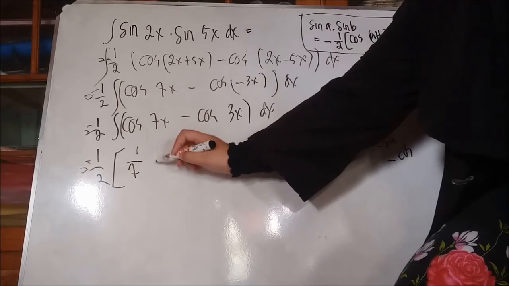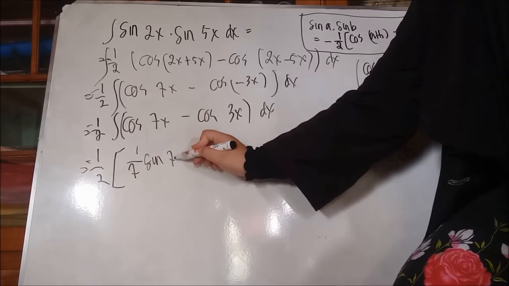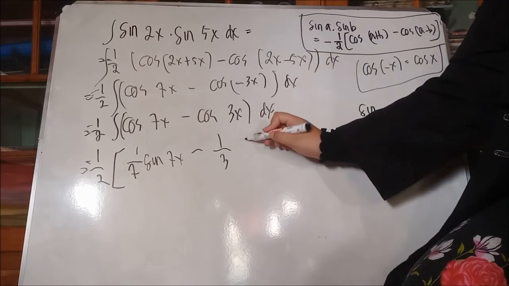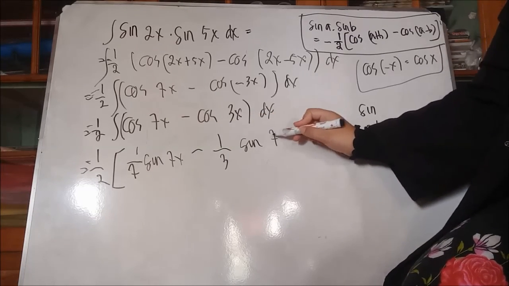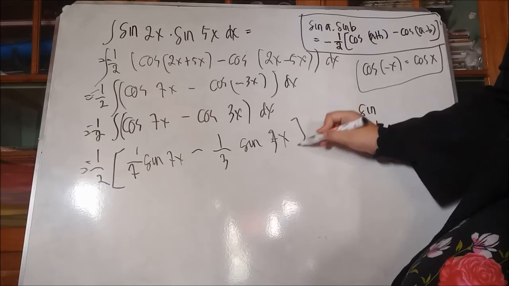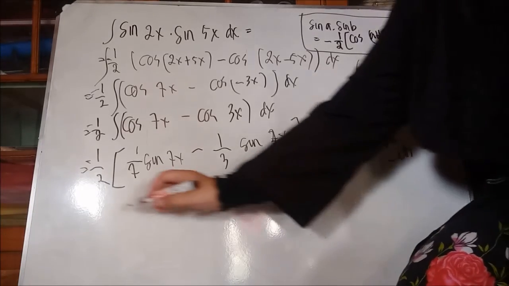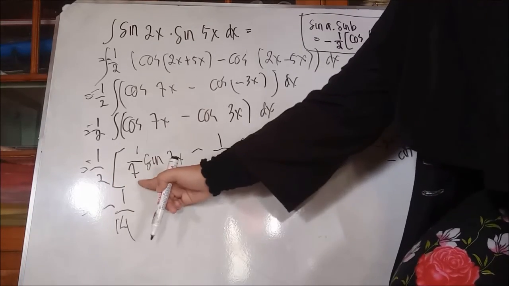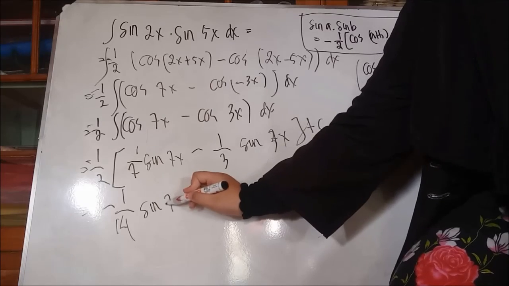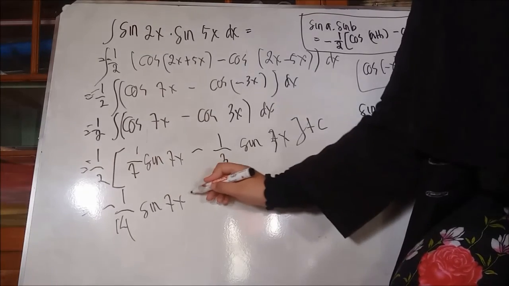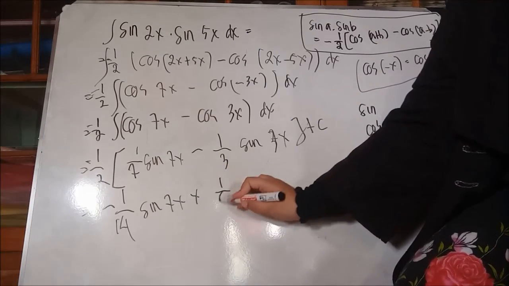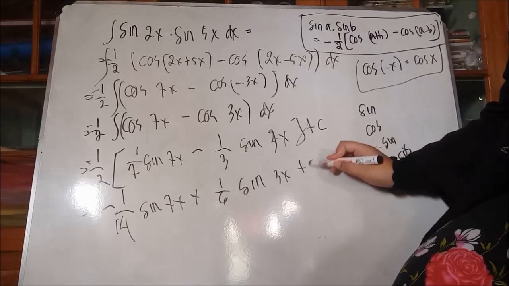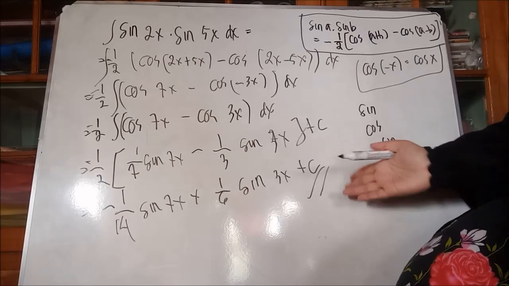And then 1 over 7 sin 7x, and then minus 1 over 3 sin 3x plus c. And then we can continue. This is negative 1 over 14 sin 7x, and with negative and negative being positive, 1 over 6 sin 3x plus c. So this is the result.